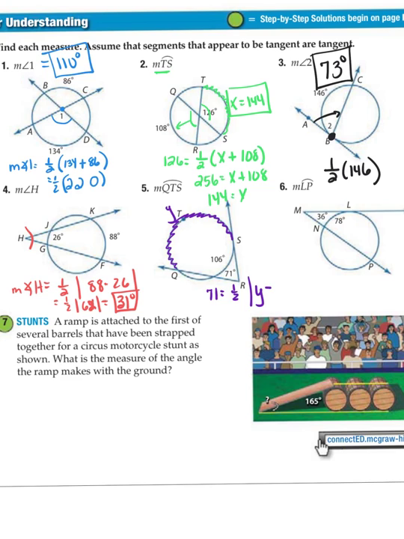It's the big one, so I'm going to put that first, minus 106. Let's multiply both sides by 2, so I'm going to get 142 equals Y minus 106. Then adding 106 to each side, Y is 248.